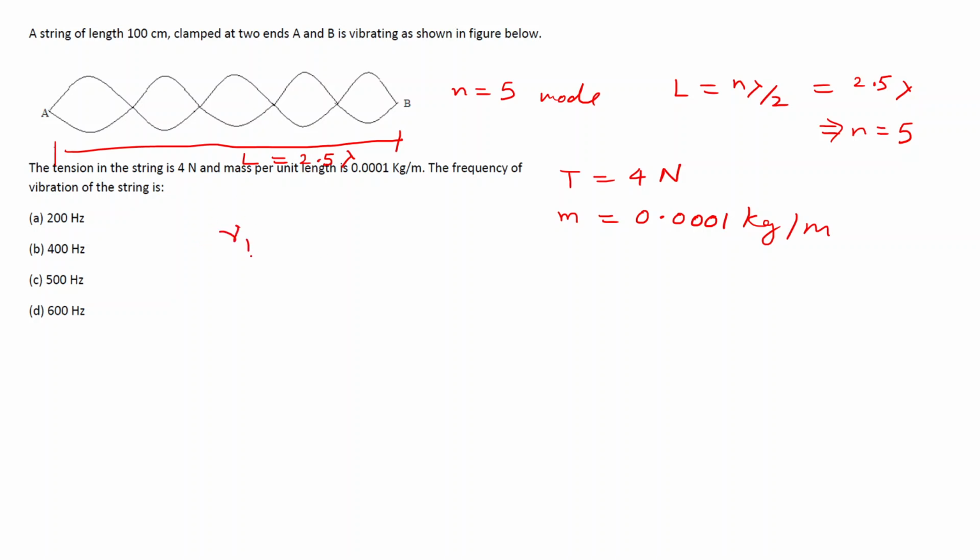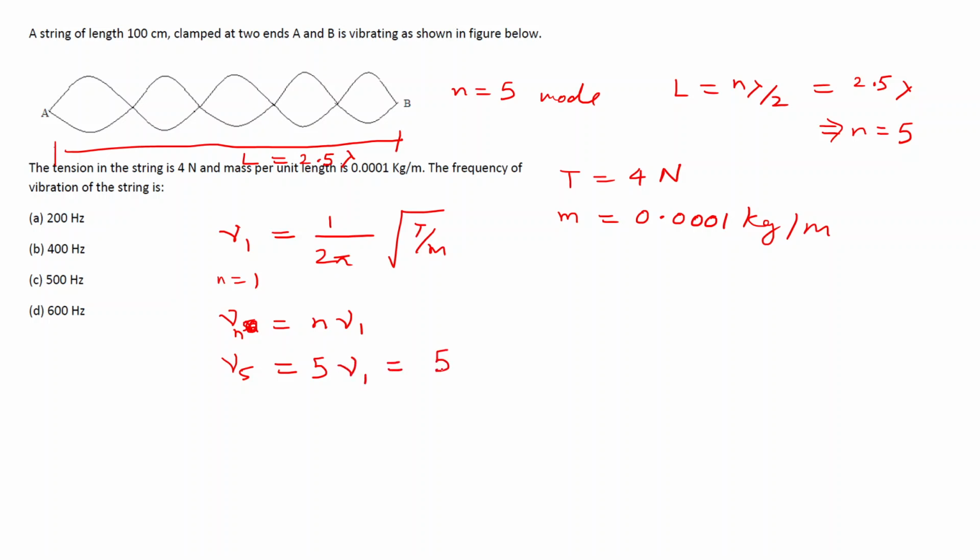For fundamental mode, we know that the frequency is this. This is for n is equal to 1. Here n is not 1, here n is 5. So what is the relation? In general, for n mode, the frequency is n times the fundamental mode. That means if I want to find out the frequency of vibration for fifth mode, this will be 5 times the fundamental frequency.